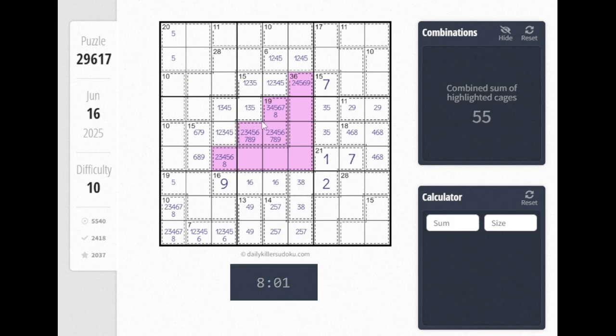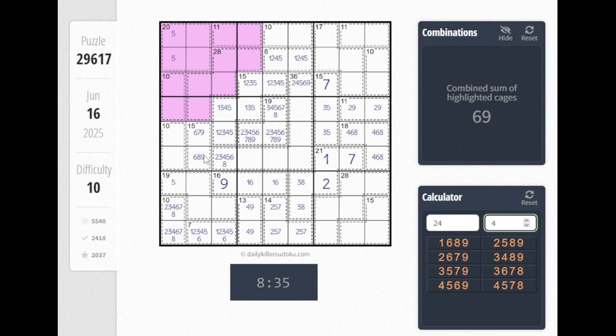So 15, 11, or 13. I wish I could eliminate more digits here, because that's a very helpful box to figure out. What is this box? 24 over 4? I don't think I can do much with this. Yeah, but worth checking at least. Is there anything?